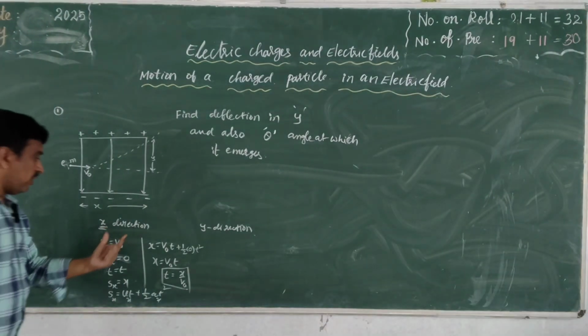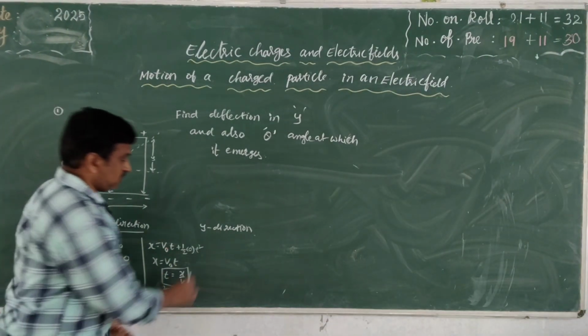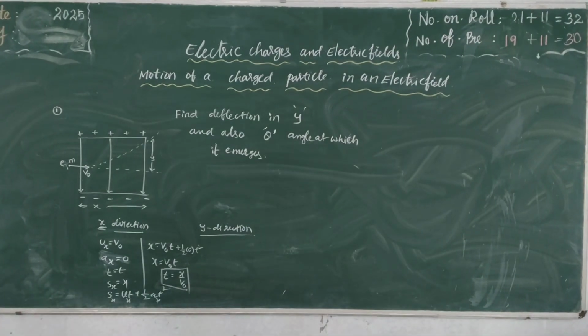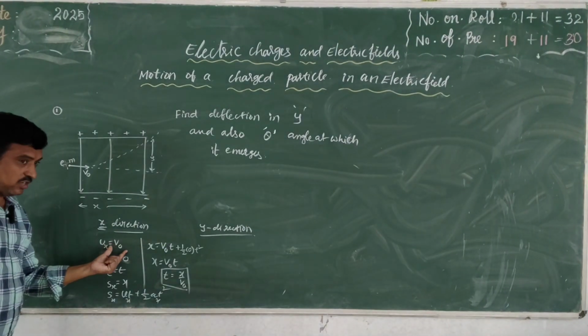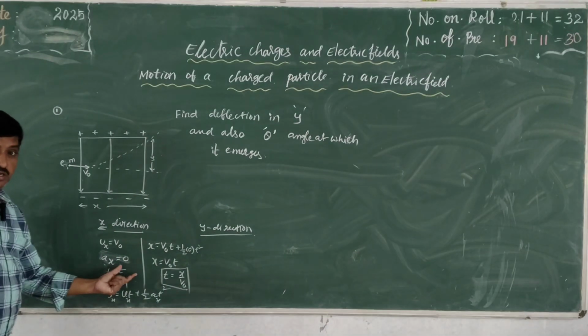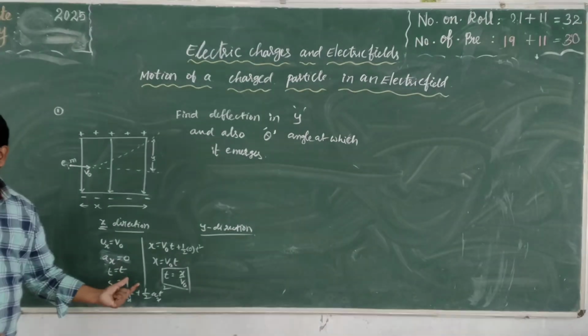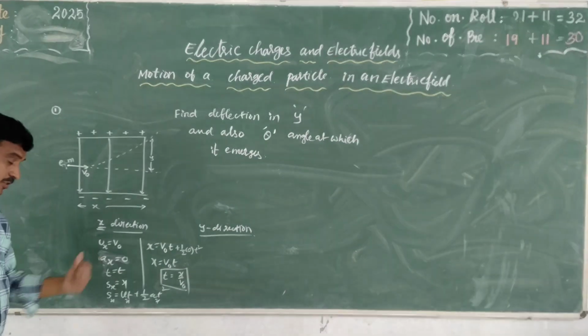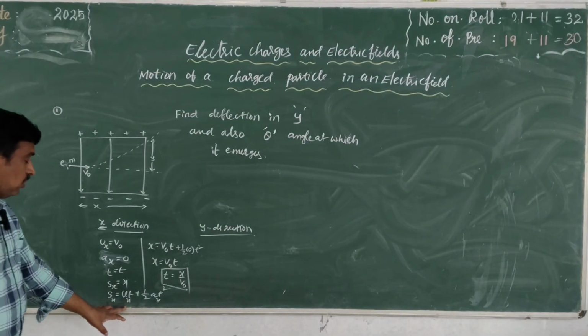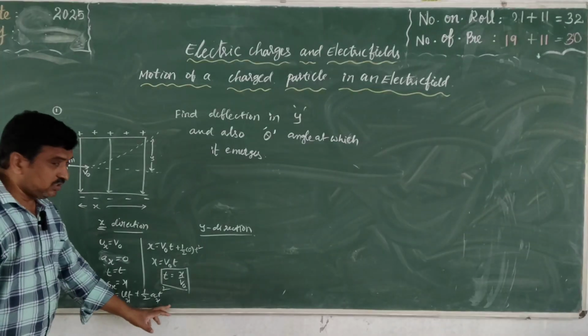For that we take the x direction and the y direction using equations of kinematics. So ux equals the initial velocity v naught, the acceleration along the x axis is 0, the time taken is t, and the displacement along the x axis is x. So we use the second equation of motion: sx equal to uxt plus half axt square.